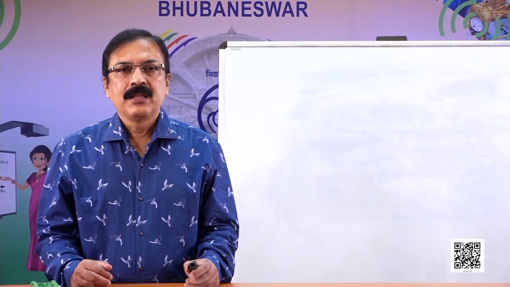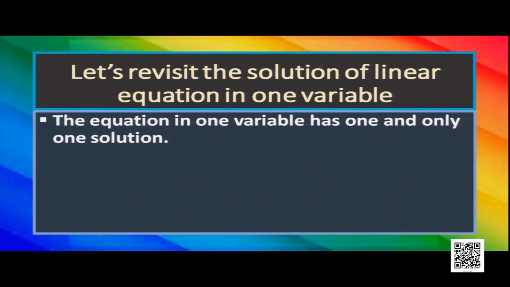Let's revisit the solution of linear equations in one variable. An equation in one variable has one and only one solution. We can see from this example, 2x minus 3 is equal to 0. Here the solution is x is equal to 3 by 2. That means if we put the value of x as 3 by 2, then the result will be 0.